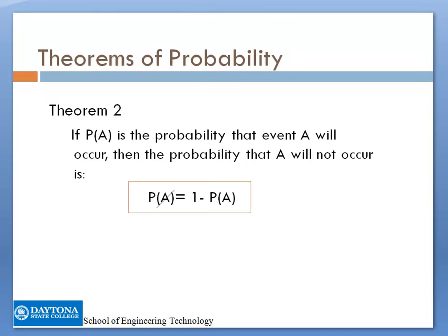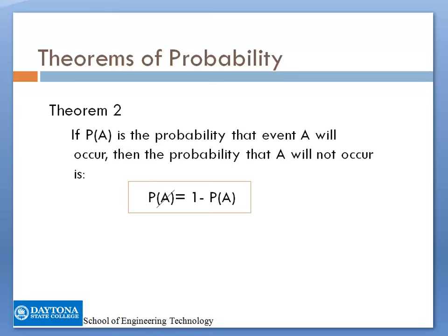Theorem number 2 says that if the probability of an event A is the probability that the event A will occur, then the probability that A will not occur is 1 minus the probability of occurrence. For instance, if you're trying to find the probability of finding an error on an income tax return, and you know that probability is equal to 0.04, what is the probability of finding an error-free or conforming return?